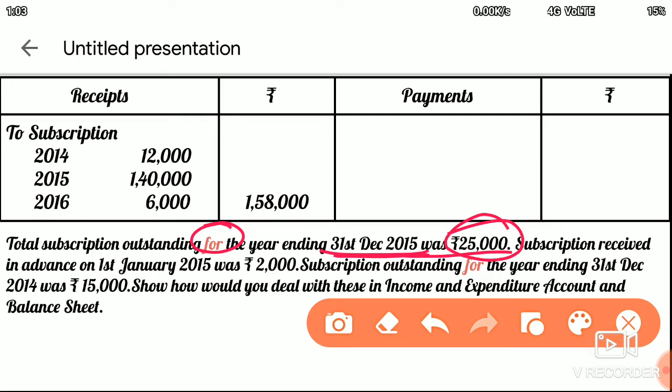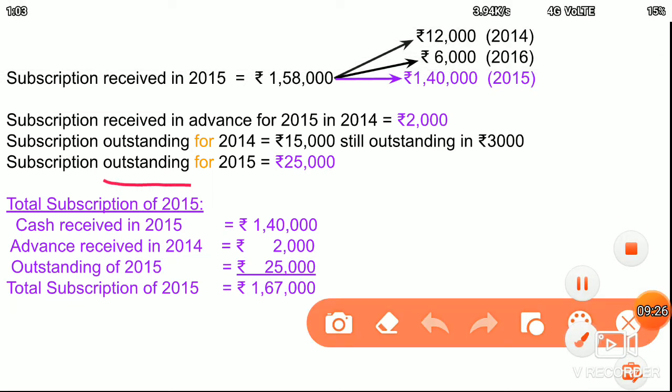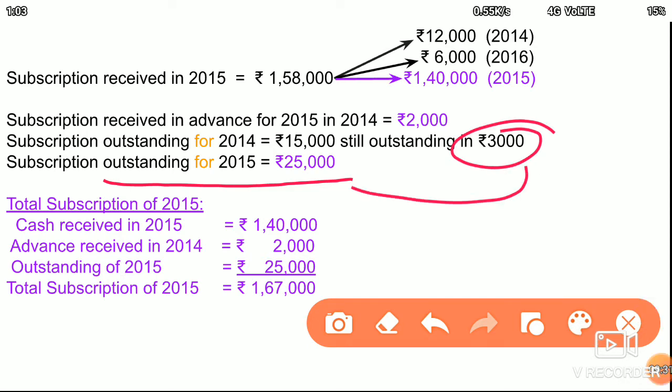This is the outstanding of 2015 only. It does not include the outstanding of the other years because they have used the word for. So here we can say that the subscription outstanding for 2015 is 25,000. This 3,000 rupees will not be included in this because they have used the word for. If they had used the word on, then it would also include the subscription of the other years.